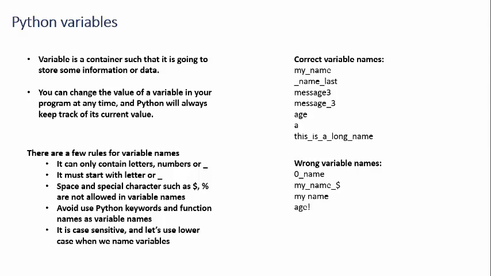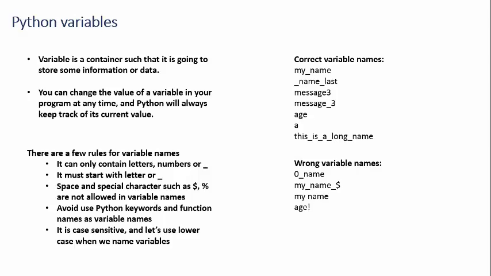The name can only contain letters, numbers, or underscores, and it must start with a letter or underscore. Spaces and special characters such as $ and percent are not allowed in variable names.